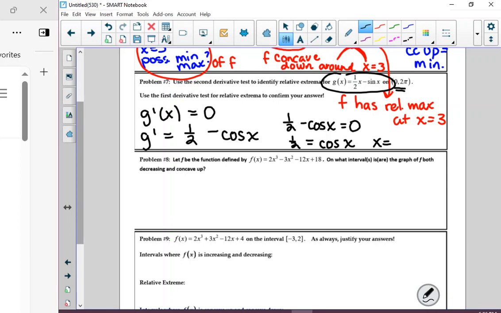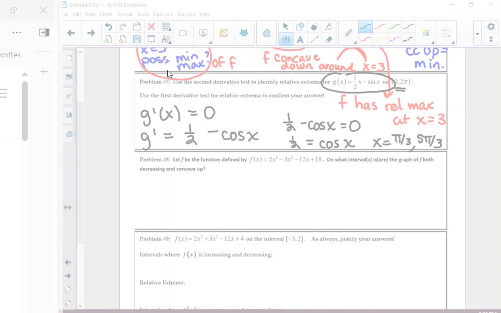And so where is my cosine 1/2? Let me stop and think this through before I say the wrong thing. Little cosines and big sines are pi over 3 family. Quadrant 1 for positive cosine. Quadrant 4 for positive cosine. So those are my possible locations for mins and maximums.